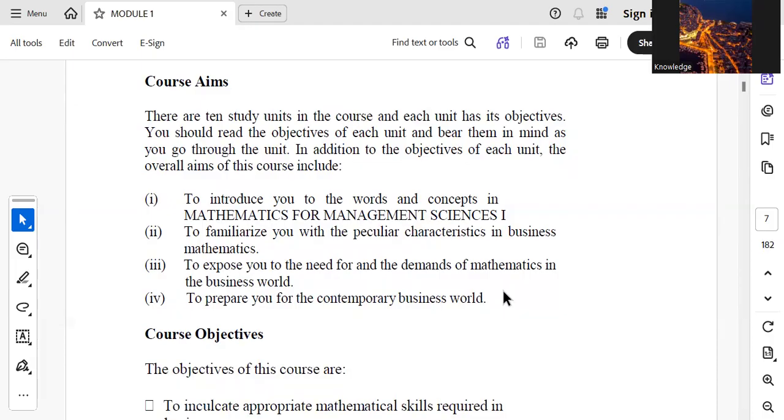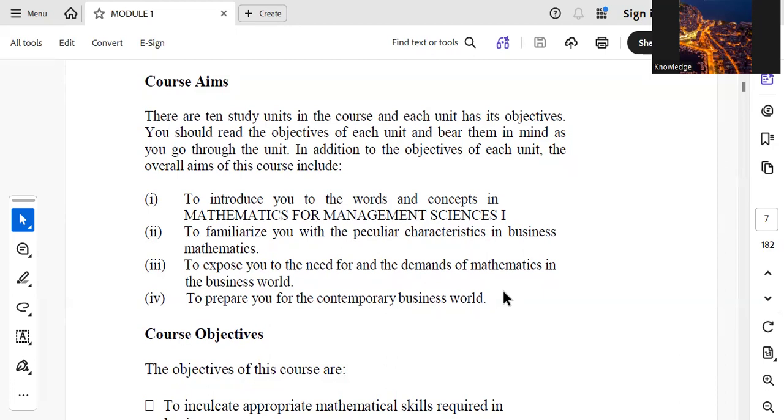The proper way of going through the material is you start every unit with the objectives, bear them in mind, and keep falling back to them as you go through the unit to see if you have achieved the aim of that unit.